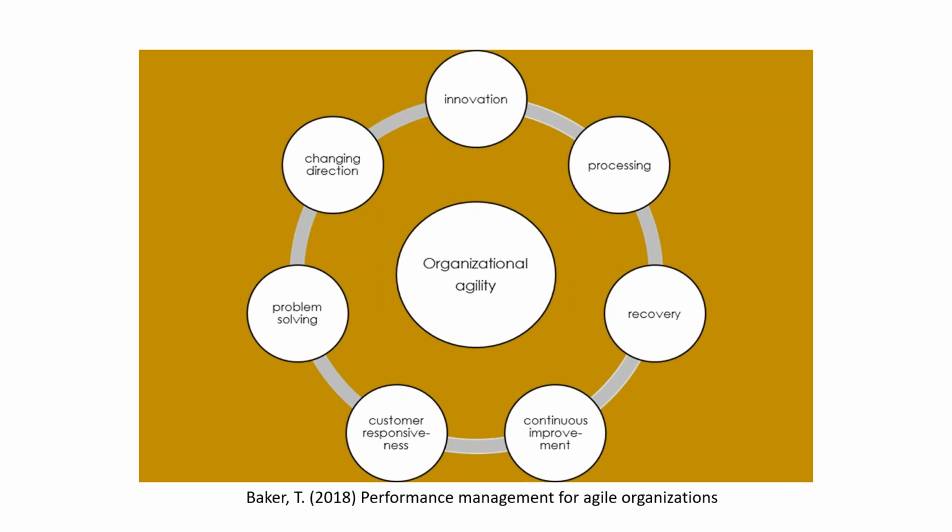So if we start at 12 o'clock and move our way around, we start with innovation. Now, I'm not talking about the Google type of innovation here. I'm talking about doing things differently and so forth. And all of us, regardless of whether we're government, not-for-profit, or private sector, need at times to create innovative solutions to problems.